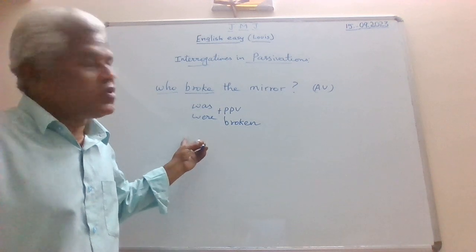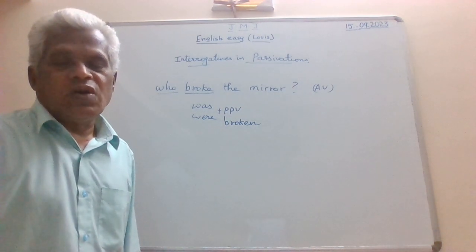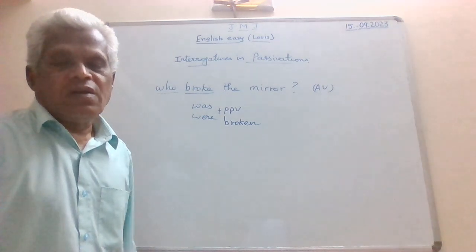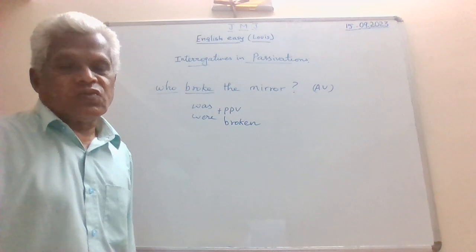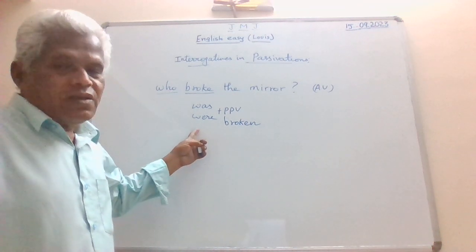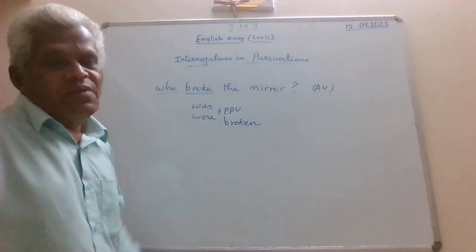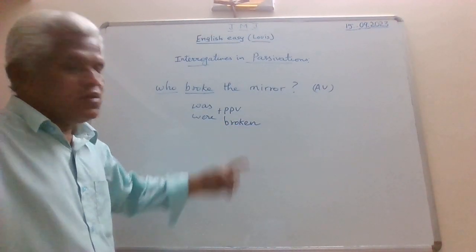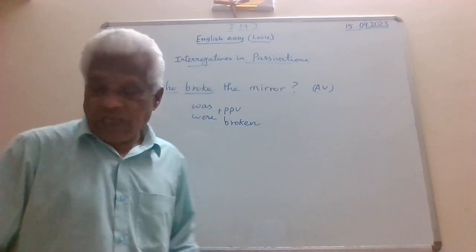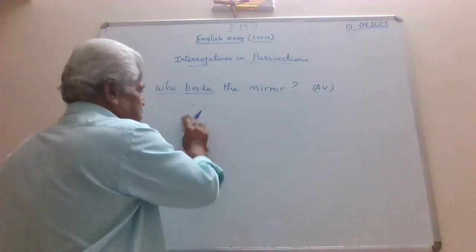If your subject is plural, you can add this were here. Was or were, depending upon the subject, this can come as past tense also. So this is how you can write the verb in past tense in passive voice. This is the past participle form of the verb. Okay, now let us change this into passive voice.